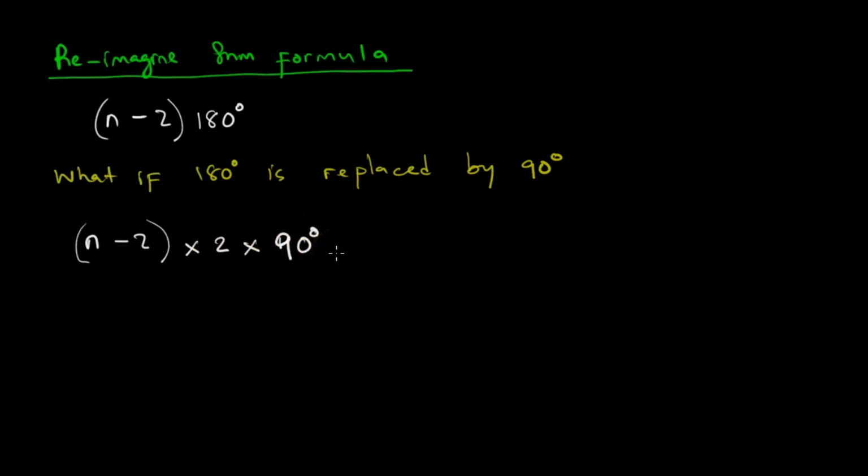So we have re-expressed, or broken down, 180 as 2 times 90, since 2 times 90 is equal to 180. Then we take this 2 and get it inside the bracket. So again we get 2 times n, using the normal way of multiplying, then 2 times minus 2 is minus 4, 90 degrees.